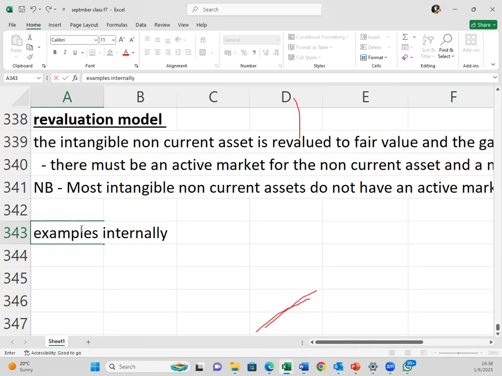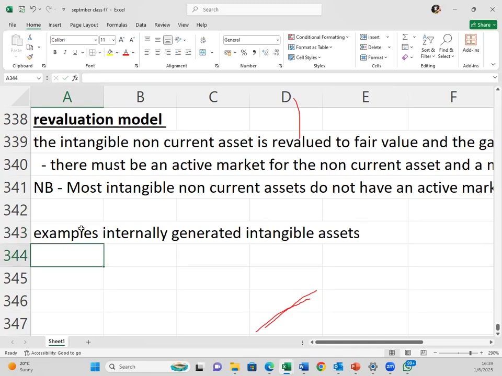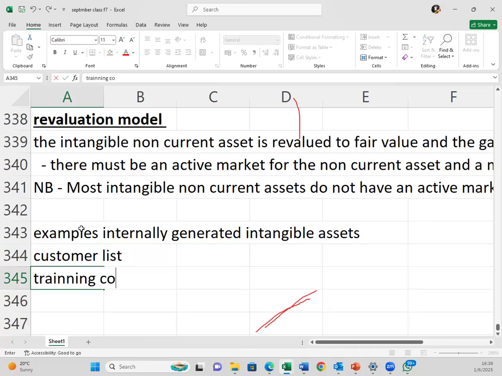Examples of internally generated intangible assets: you can have customer lists, we can have training costs. These ones, you don't capitalize them. Inherent goodwill.